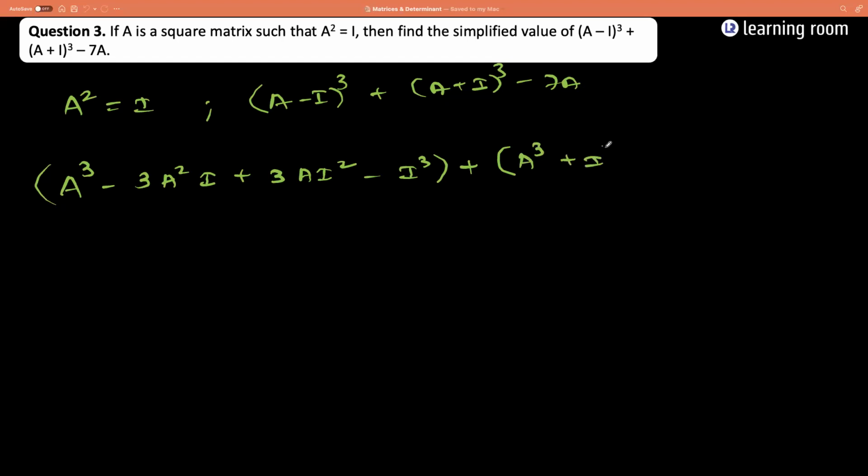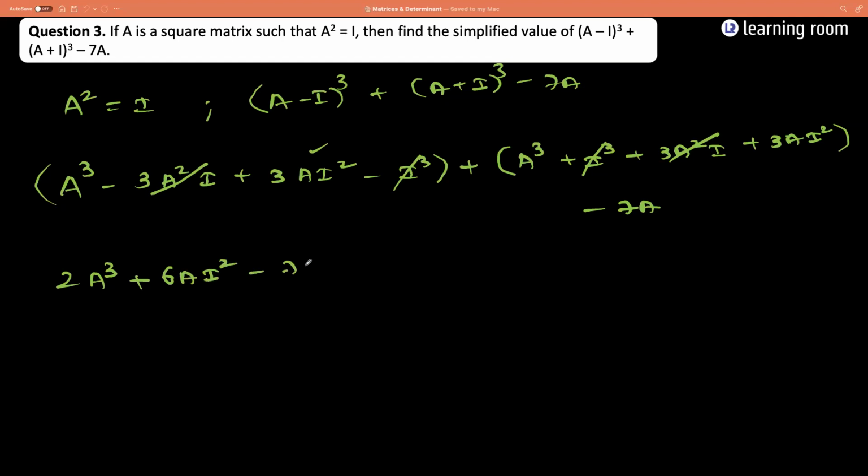A cube plus I cube plus 3A square I plus 3A I square. Sir, is the answer A? Correct. So tell me how to do it. What will get cancelled? 3A square I and 3A square I are gone. I cube and I cube are gone. So what do you have? A cube plus A cube is 2A cube, plus 3A I square plus 3A I square is 6A I square, minus 7A.